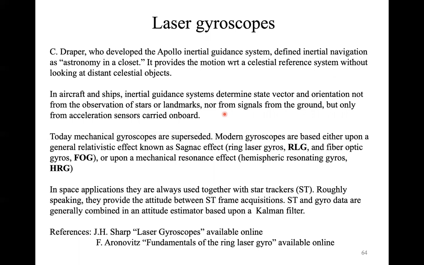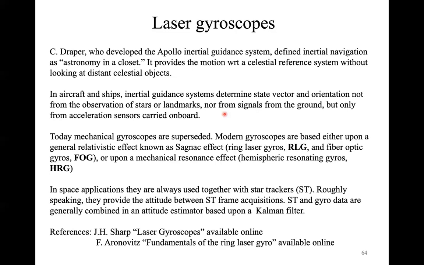So what we are going to focus on in this course will be 3 types of gyroscopes. The first 2 types are called laser gyroscopes. The third one is a newer type of gyroscope called the resonant hemispheric gyroscope, and it is based on a different principle that we are going to see tomorrow.